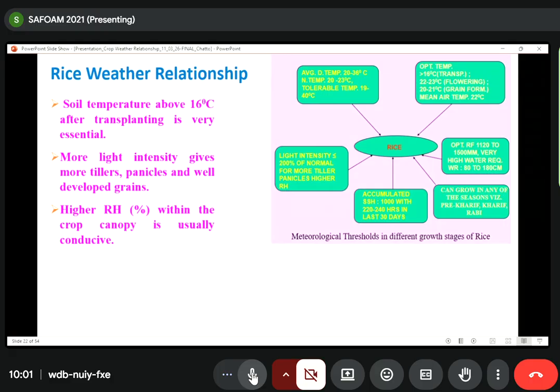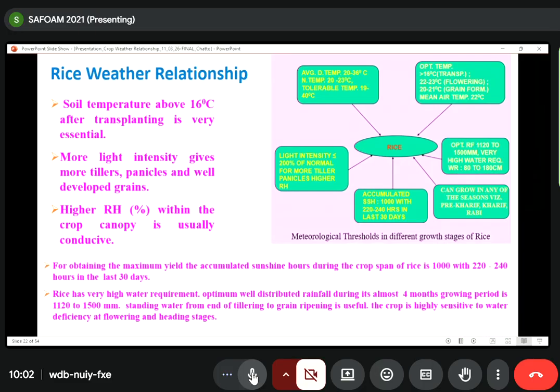Accumulated sunshine hours will be 220 to 240 hours in the last 30 days. We have nearby observatories where we can measure this. More light intensity gives more tillers and panicles, well developed. High RH within the crop canopy is usually conducive.